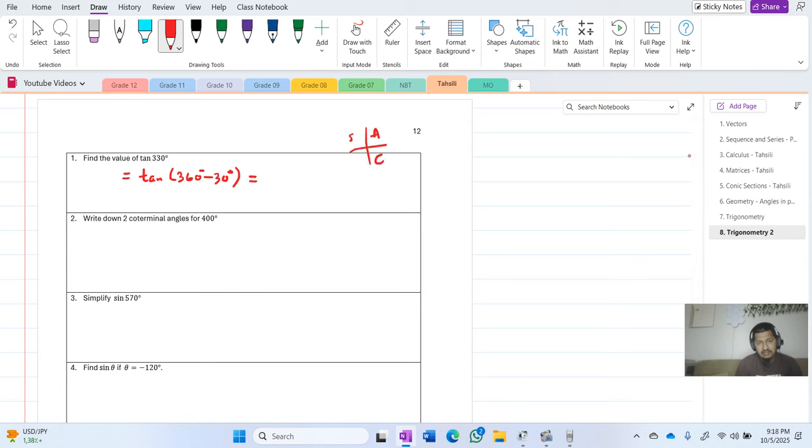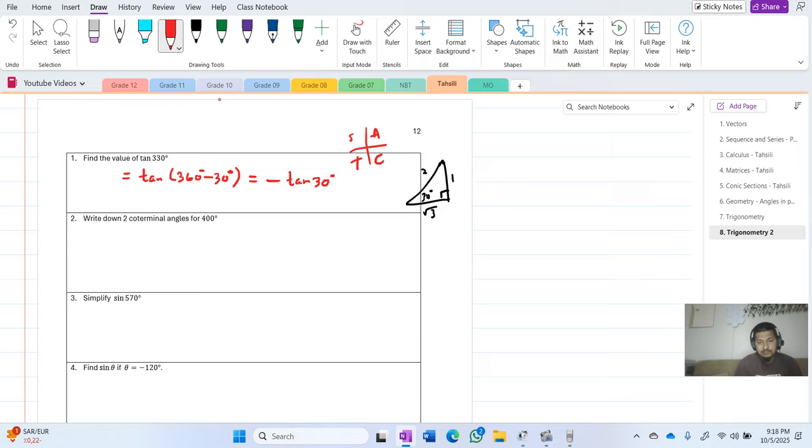So tan is negative, so tan of 30, because remember 360 we are reducing, that's why it's called reduction angle. Now tan of 30, we're using the 30 60 90 triangle. Tan of 30 is 1 over root 3. So my answer is negative 1 over root 3.